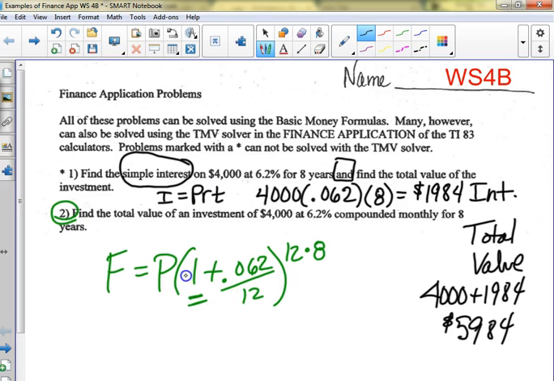So we don't have to ever add the interest back in. Okay, what is the present value for this number 2? Same $4,000, right? But this time it's compounded monthly for 8 years. So are we going to have the same $59.84? More or less?